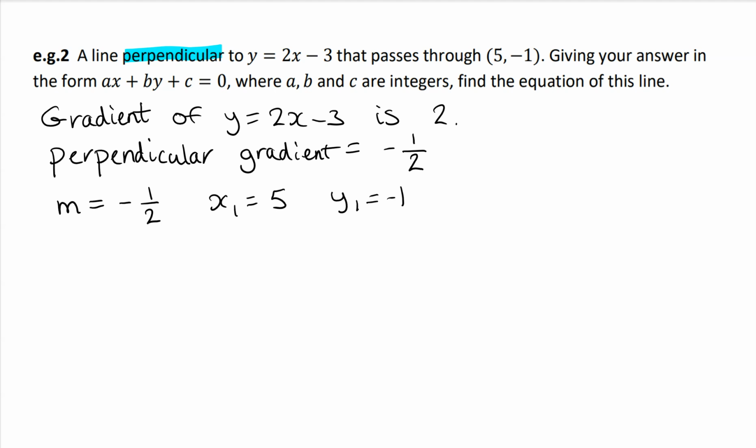So we put it into our equation of the line: y minus y1, so that's y minus minus 1, which makes it y plus 1. The gradient is minus a half, and then we do x minus x1, so x minus 5. I'm going to multiply both sides by negative 2.